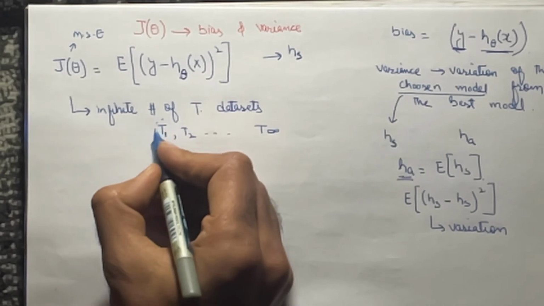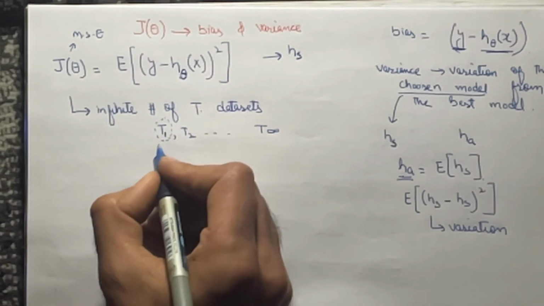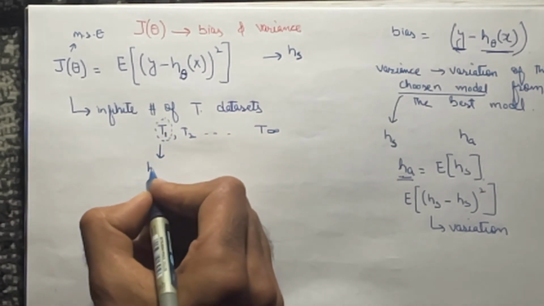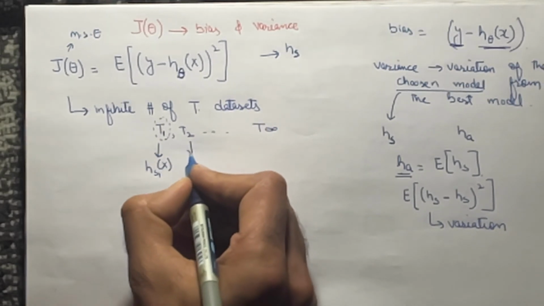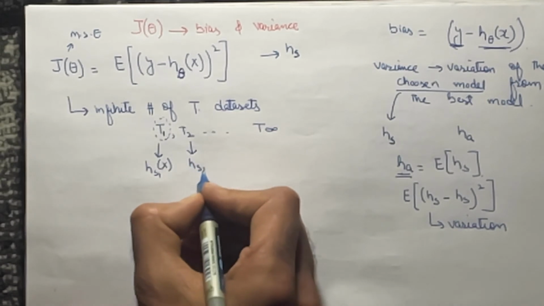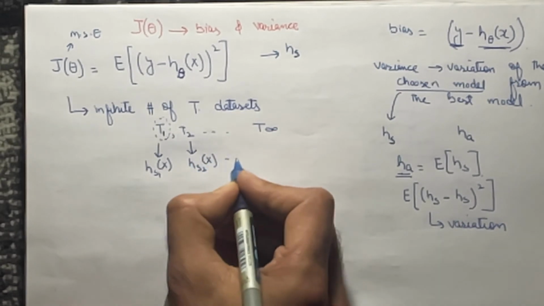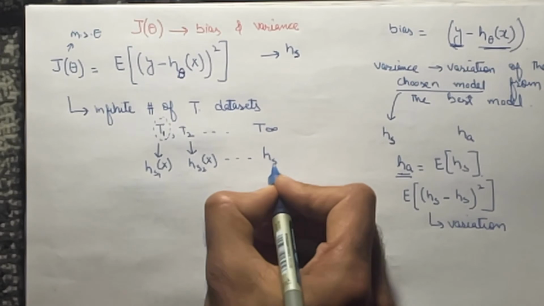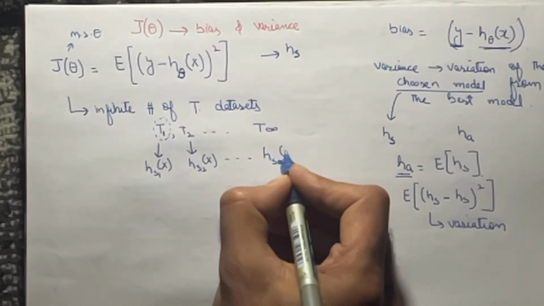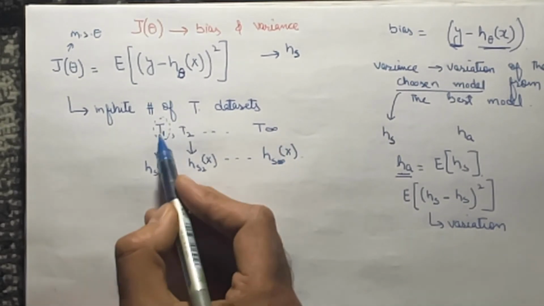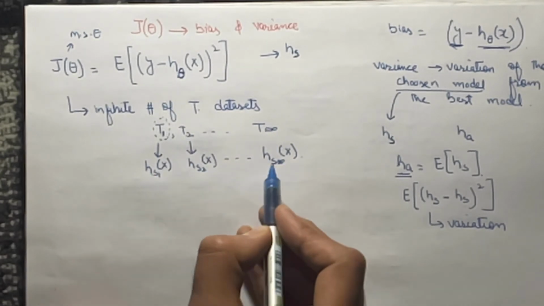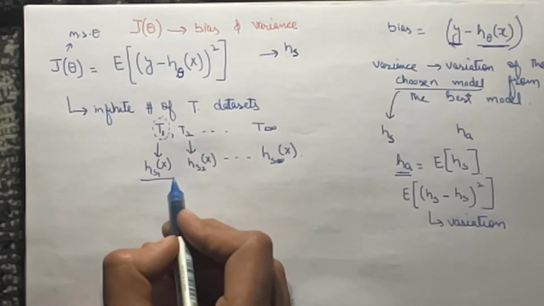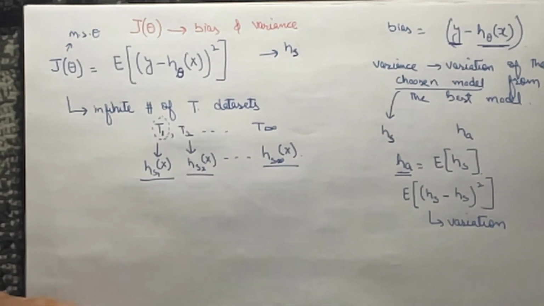On the first training data set, we have a model h1(x). On the second, we have a model h2(x), and so on, up to h infinity(x). So for each training data set, we have a different model. This is one model, this is another model, this is another model. So we have infinite models.